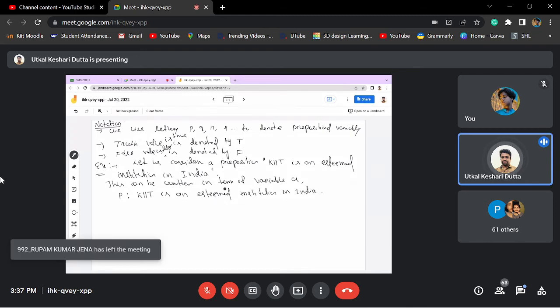That is the way of writing a proposition. KIT is an esteemed institution in India, that is a proposition. So how to write this proposition in terms of a variable? You can write P colon KIT is an esteemed institution in India.